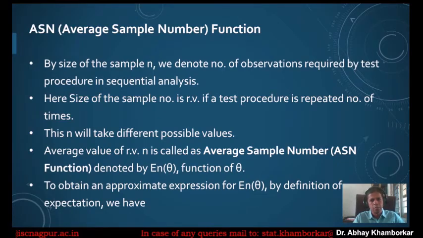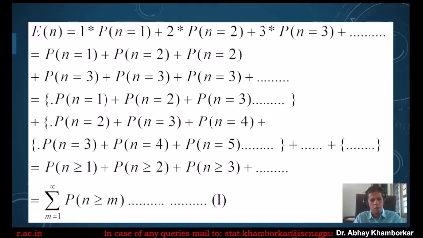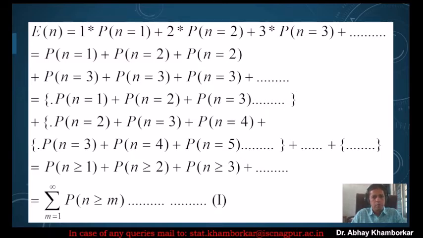Now we know that by definition of expectation, we have expectation of n naturally will be equal to 1 into probability that n equal to 1 plus 2 into probability that n equal to 2 and so on, right?